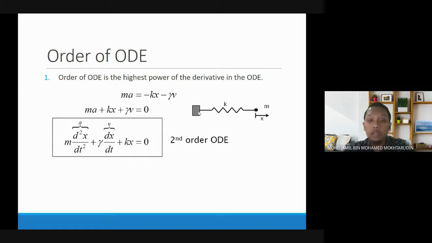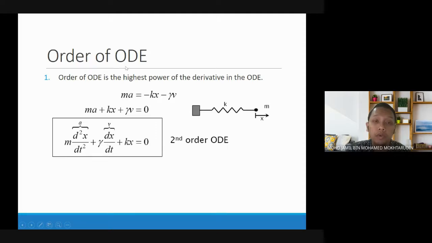Here, the box is connected with a spring and has a mass m. We want to find the displacement of this point. The equation that describes the displacement of this point can be in the form of ODE shown here. Because the displacement x is differentiated with time, we call it ODE or differential equation.